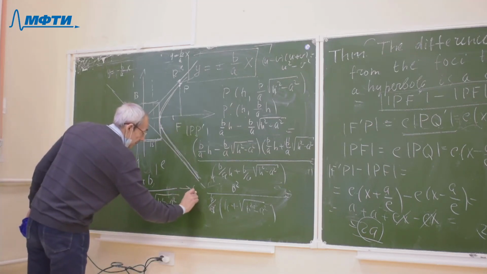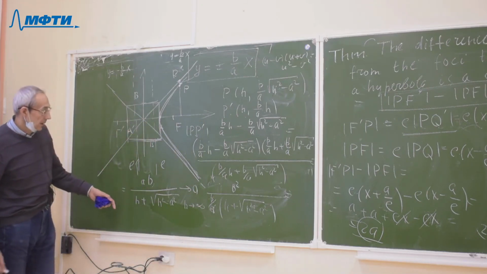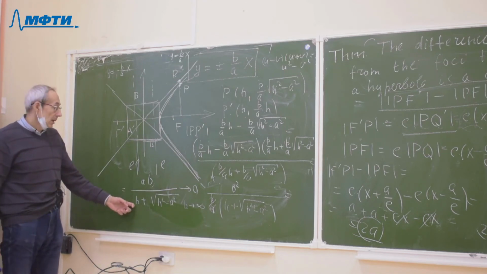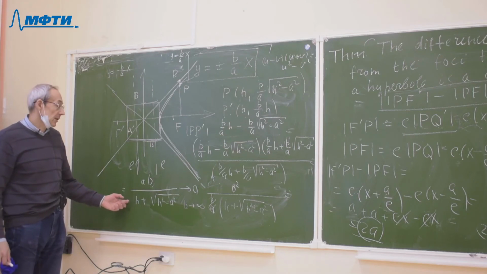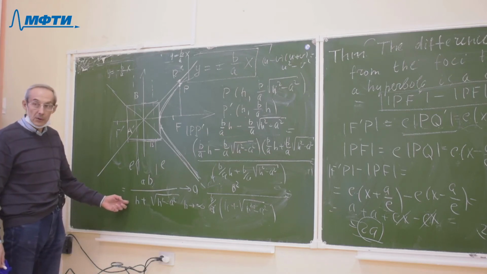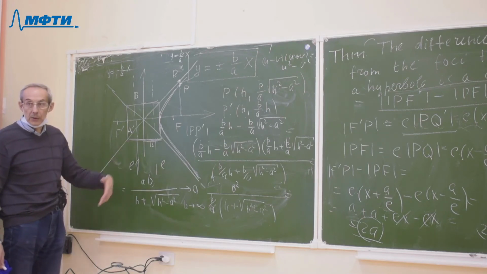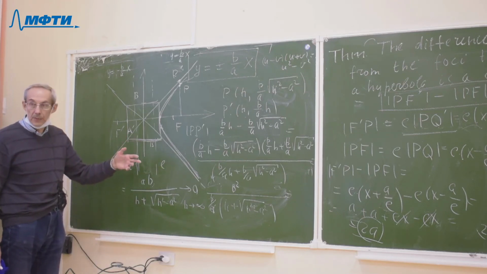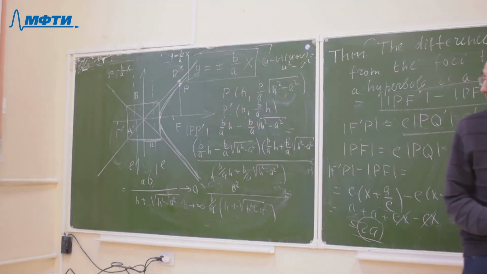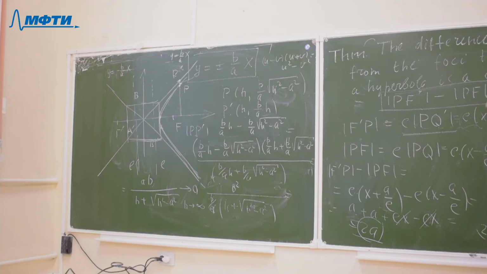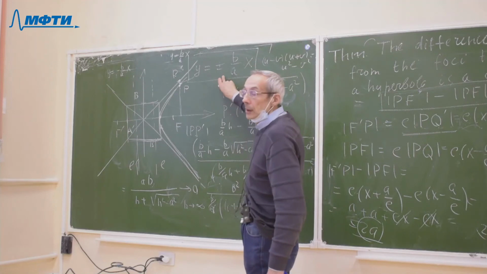And this expression goes to 0 when h goes to infinity. Easy to see. When h goes to infinity, this expression in the denominator goes to infinity, but the numerator is constant, and the ratio goes to 0. And we obtain that this straight line is actually the asymptote.